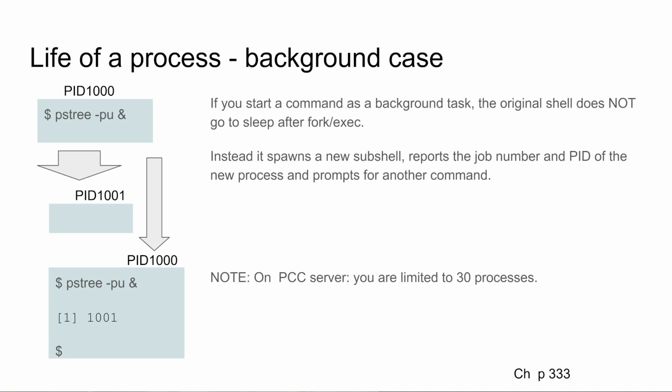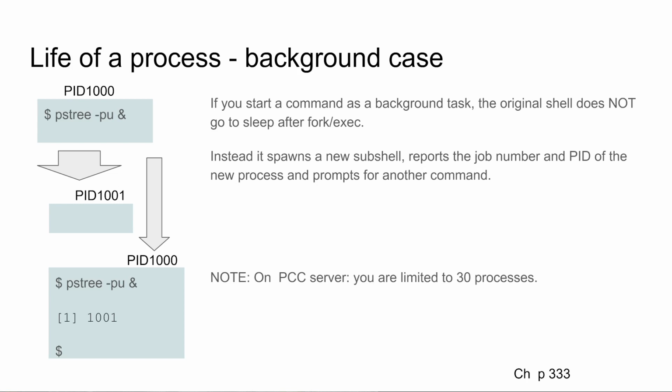So if you start a process in the background using this ampersand, I'm looking at the diagram here. Again, we start from PID 1000. We launch a command in the background. So it forks, but it does not sleep after the fork. Instead, it spawns a new subshell and then reports the job number and process identifier of the new process and prompts for another command.